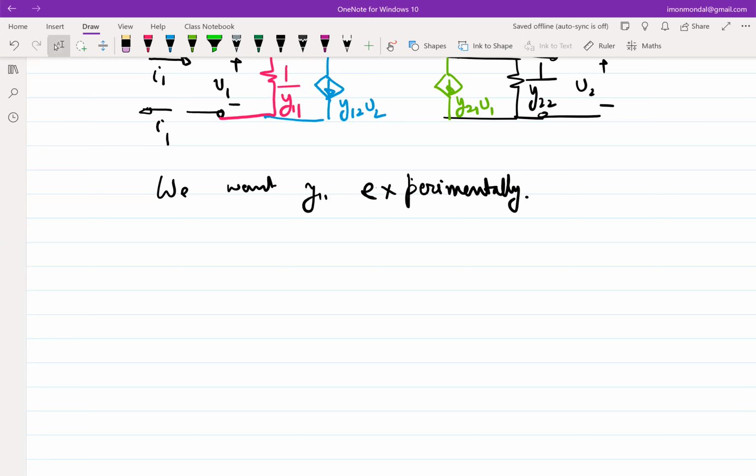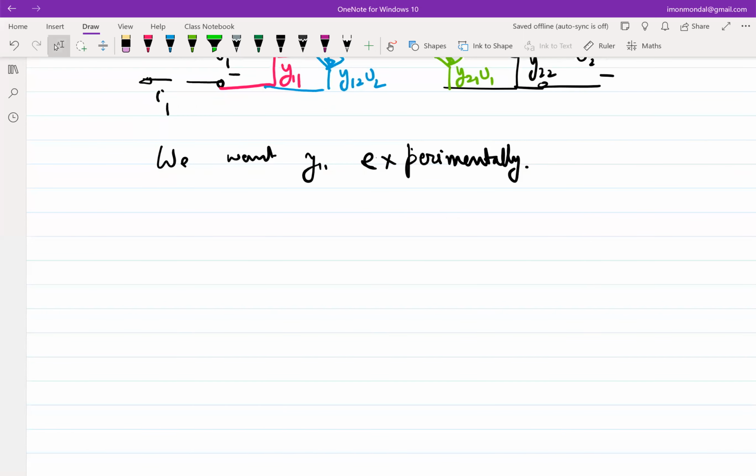So in plain English, what is Y11 again? Y11 is the relationship between incremental I1 and incremental V1 when incremental V2 is not constant, it's 0.